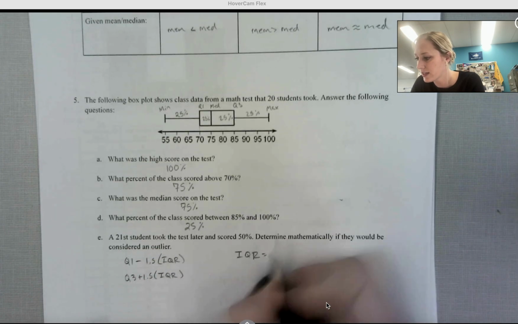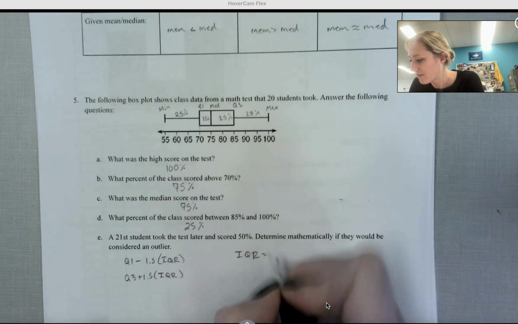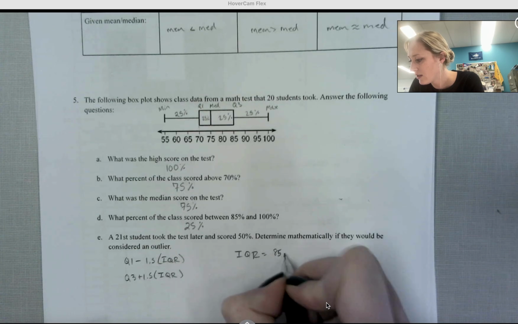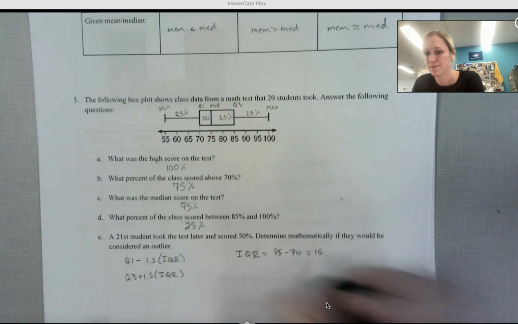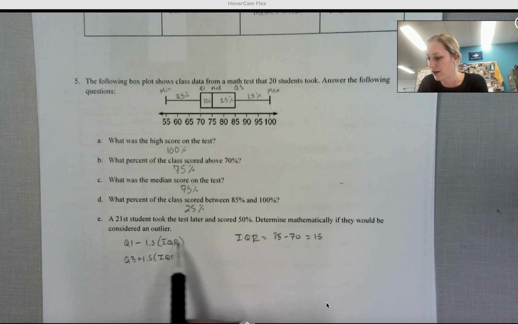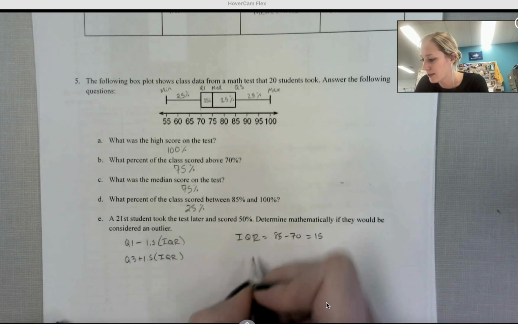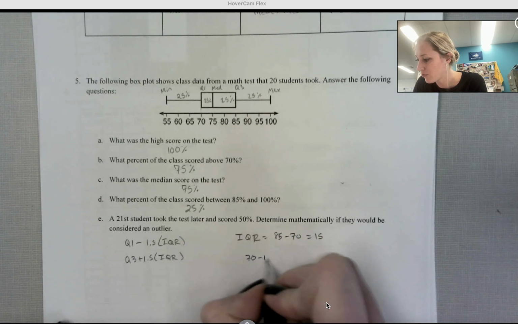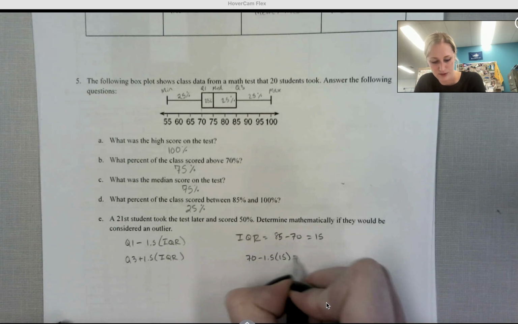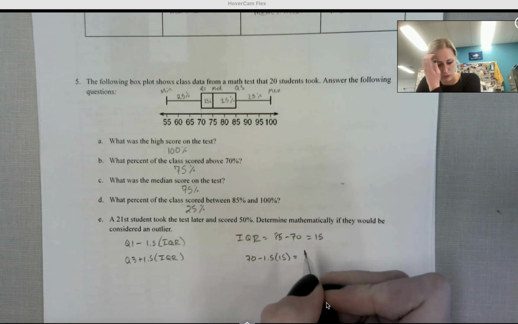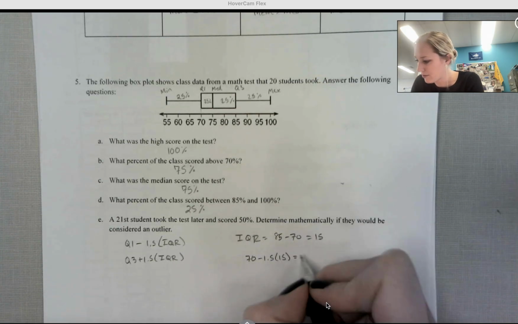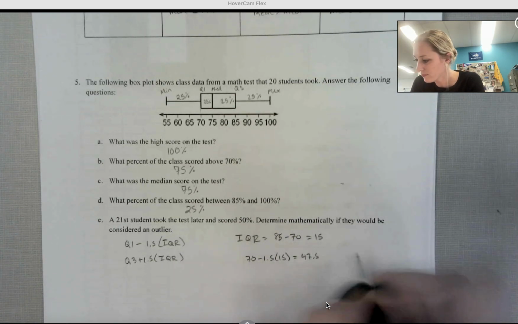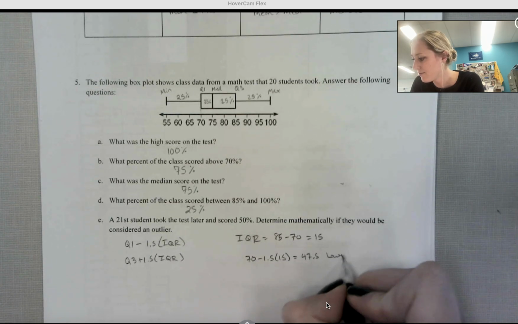So for us, that is 85 minus 70. So our IQR is 15. Okay, so if we do the lower fence, we got Q1, which is 70, minus 1.5 of 15, which is 47.5 when I calculate that. So that's my lower fence.